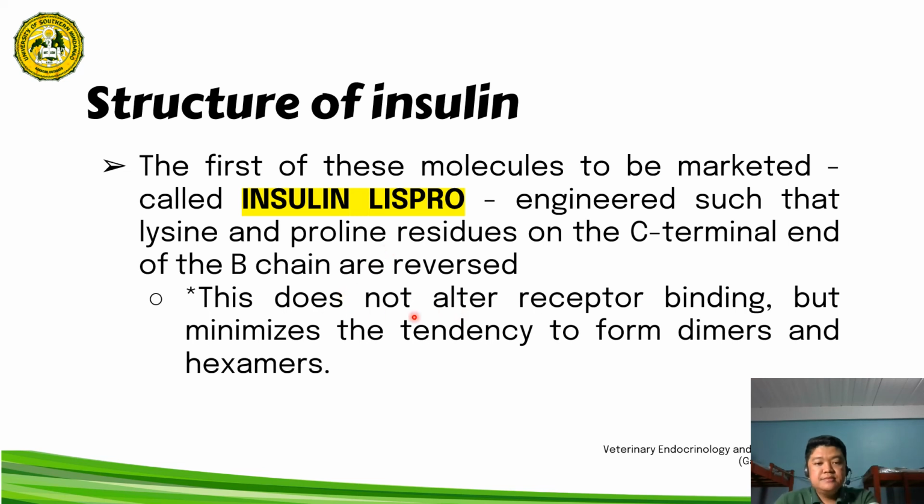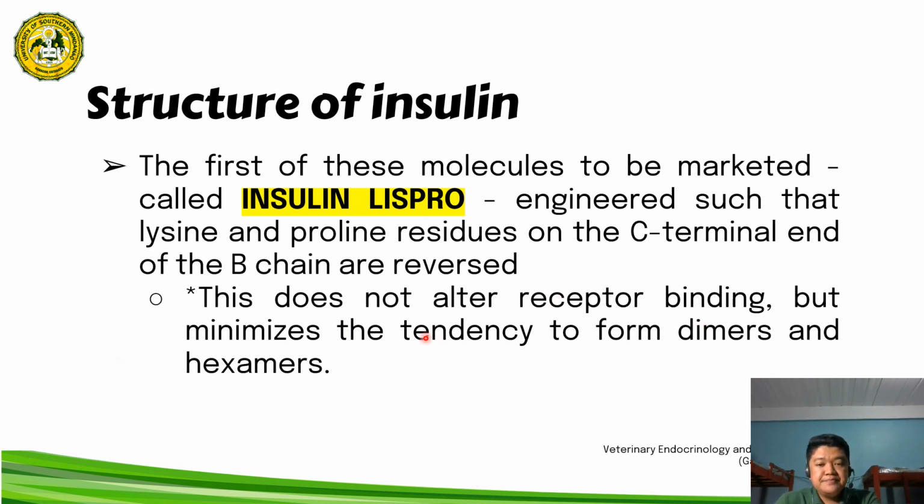So this reversal of the lysine and proline residue on the B chain, particularly near the C-terminal end, does not alter the receptor binding, but minimizes the tendency to form dimers and hexamers.